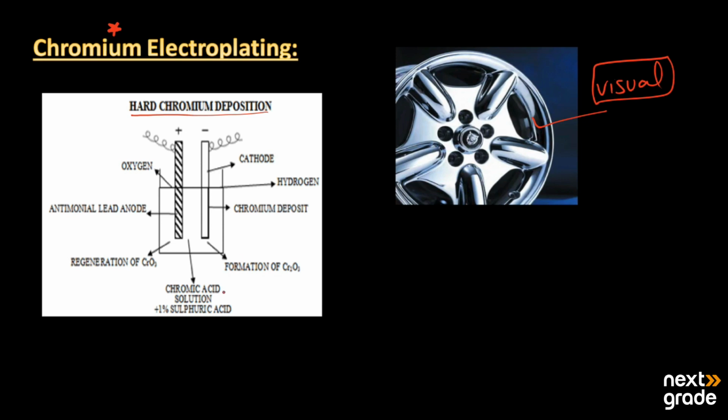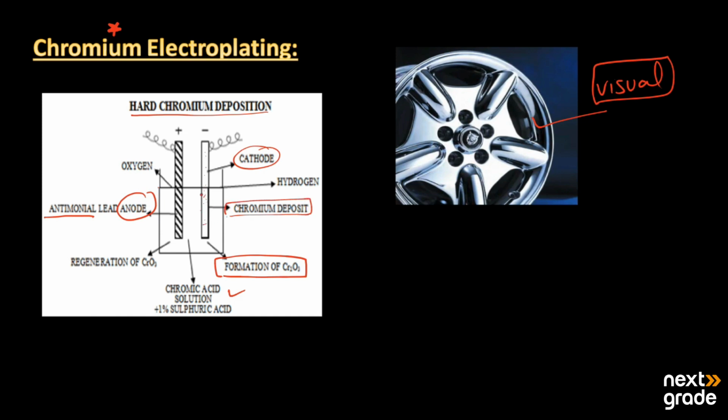Here we have a chromic acid solution with sulfuric acid, and we have the formation of chromium oxide. One electrode works as the anode, which is antimonial lead, and here we have the cathode. The chromium starts to deposit over the surface of that electrode.